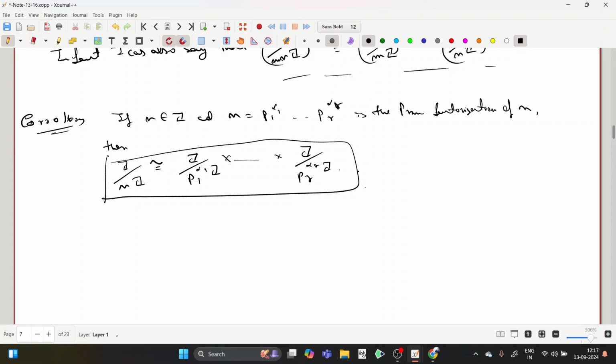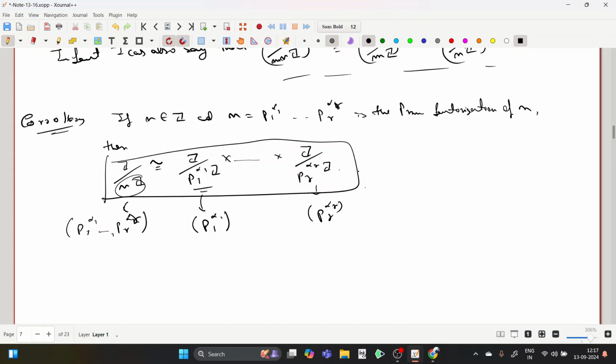Okay, I guess clear, because this is nothing but the ideal generated by p1 to the power alpha 1, this is nothing but the ideal generated by pr to the power alpha r, and n is nothing but the ideal generated by p1 to the power alpha 1 till pr to the power alpha r.